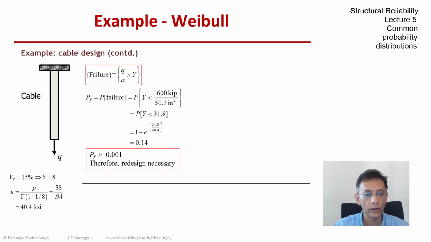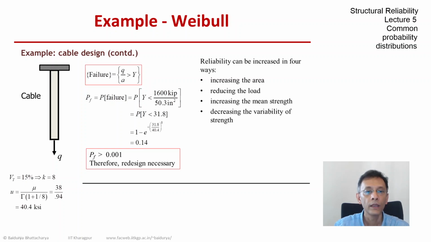So now, what are our options in order to satisfy this failure probability, that it has to be 0.001 or less? We can increase the reliability, or we can decrease the failure probability in one of four ways in this problem. One is we increase the cross-sectional area.